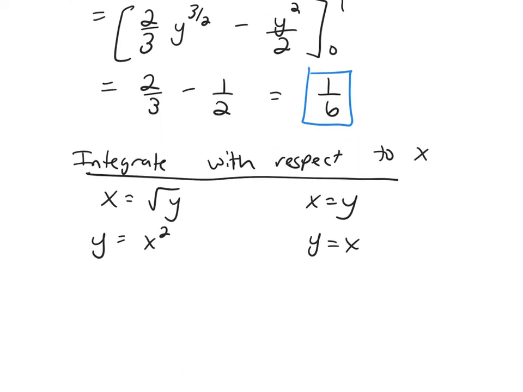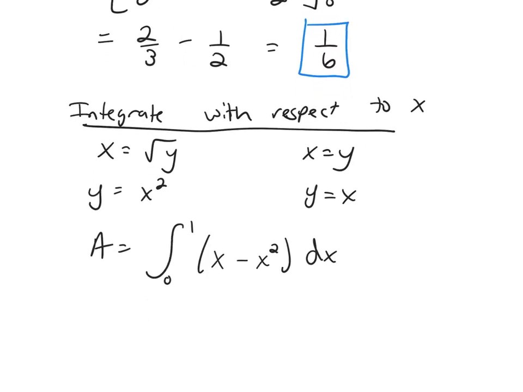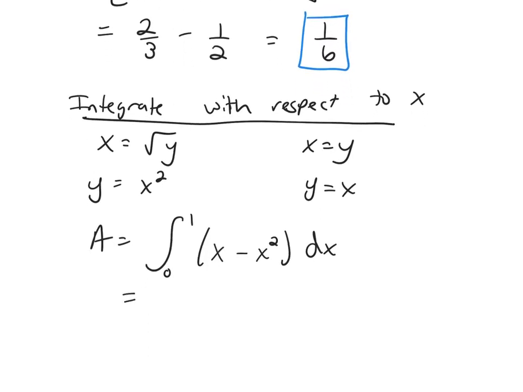So if you wanted to find the area here, it would be top minus bottom. Remember that the line was on top, so x minus x squared. And x also went from 0 to 1. And you should get the same answer that you got when you integrated with respect to y.